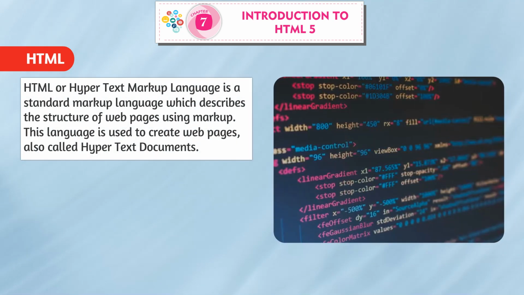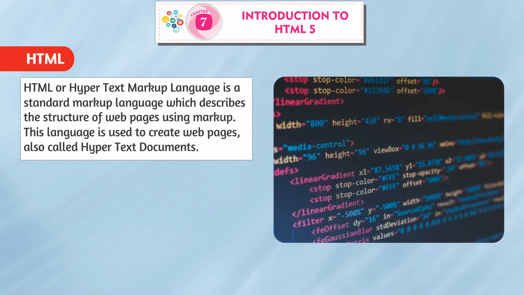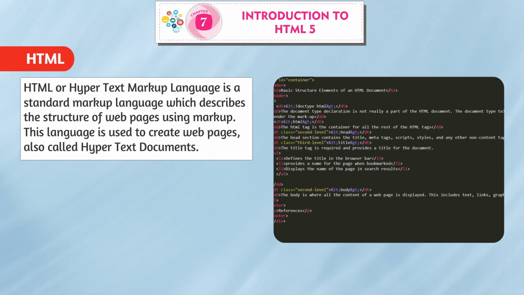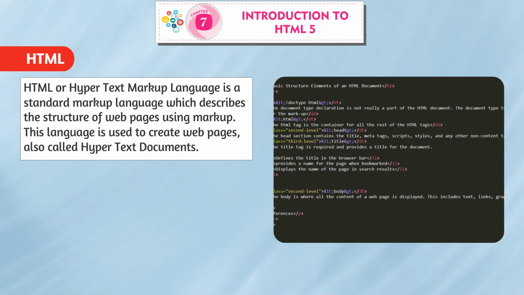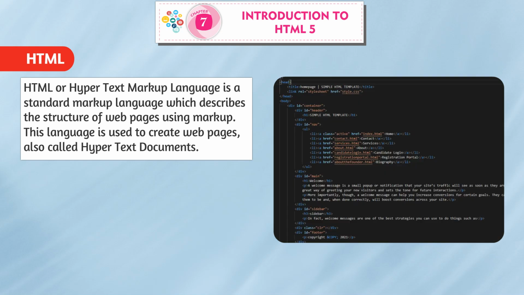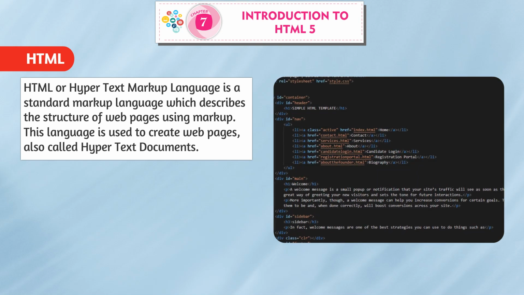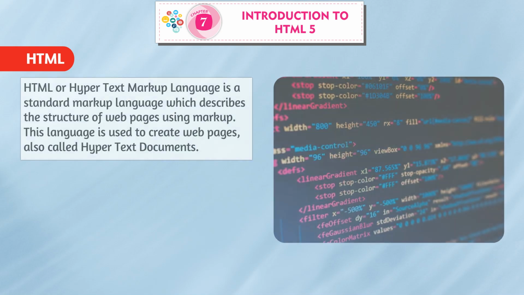HTML, or Hypertext Markup Language, is a standard markup language which describes the structure of web pages using markup. This language is used to create web pages, also called hypertext documents.